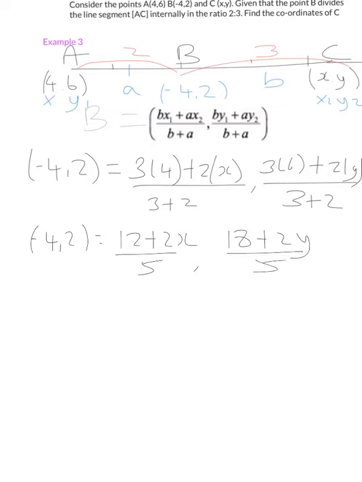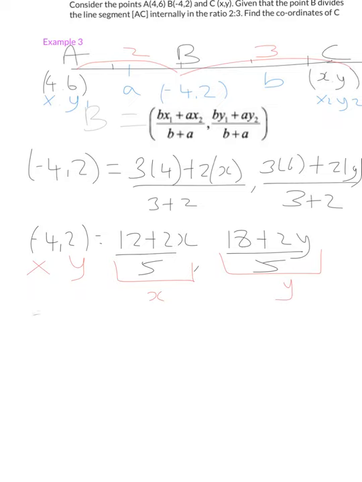So I know that this first part represents the x coordinate and this represents the y coordinate. So you're going to equate the x with the b. So if I worked out the x's, I know I should get minus 4. And if I worked out the y's, it'll be equal to 2. So I'm going to equate now the x minus 4 with 12 plus 2x all over 5. So you equate the x's and then the y's.